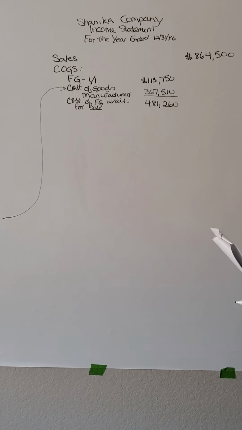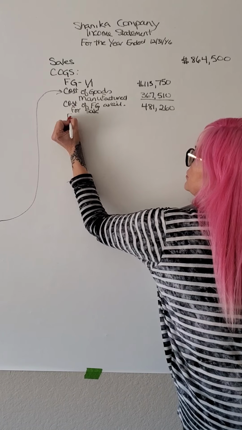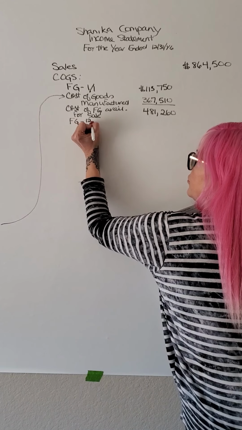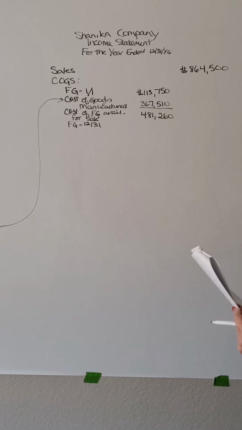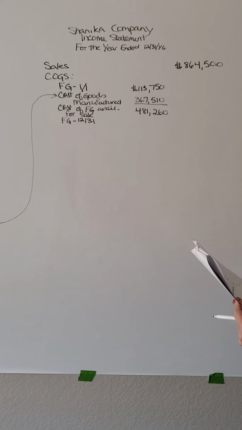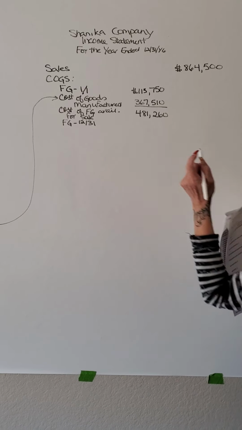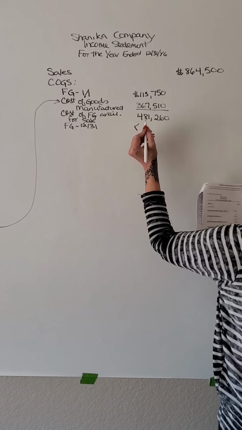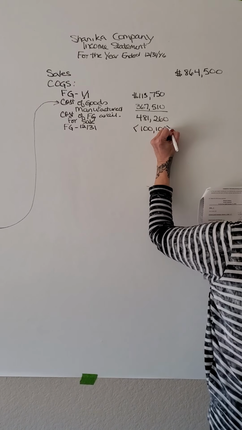Then, of course, we're going to subtract from that the finished goods inventory at the end of the year. So finished goods, 12/31. So you should be able to start seeing a pattern of how we calculate all this out. We start out with our beginning inventory, then we take any additions, and then we take out our finished items. So finished goods inventory on 12/31 is $100,100.